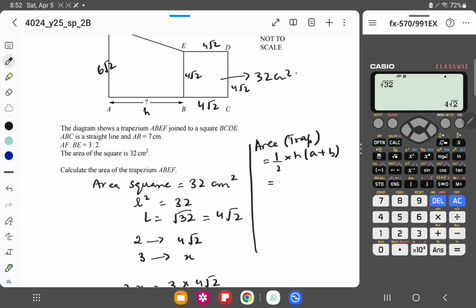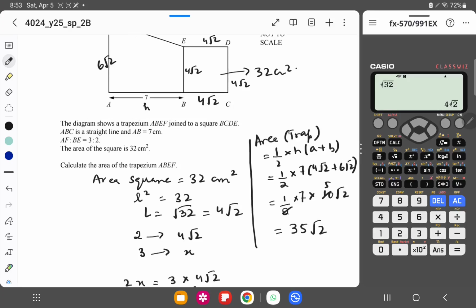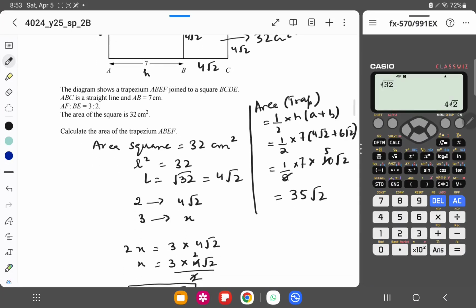That is half times 7 times 4 square root 2 plus 6 square root 2. 4 square root 2 and 6 square root 2 together become 10 square root 2, and we can cancel 2 times 5 is 10. So that is 35 square root 2. You can write your answer as 35 square root 2.